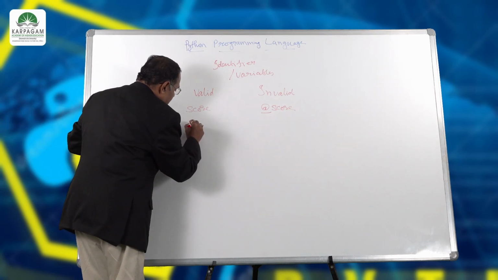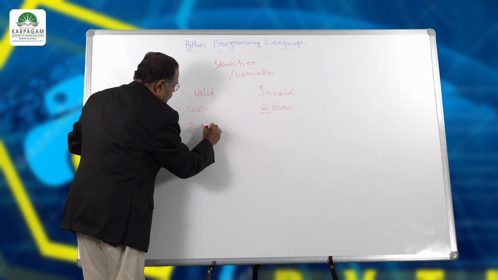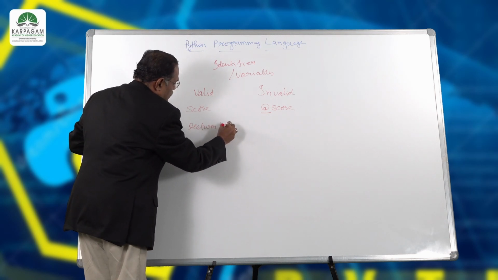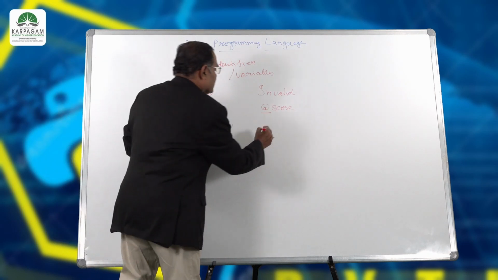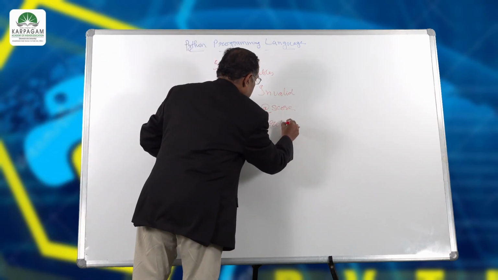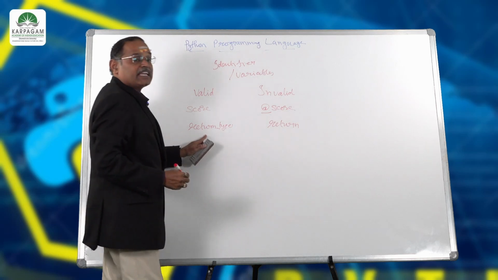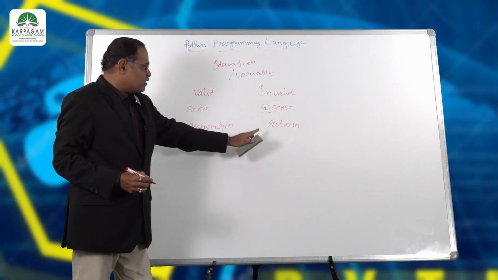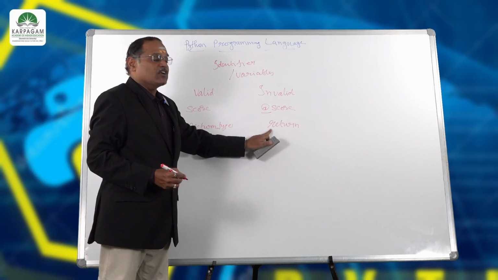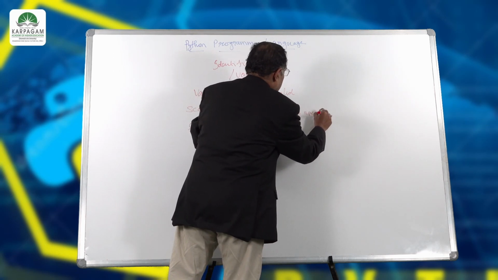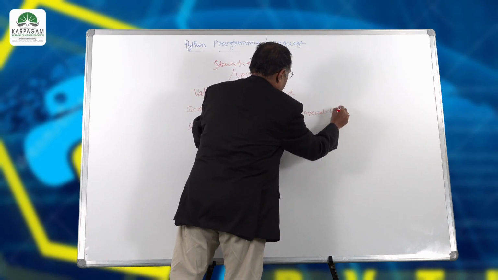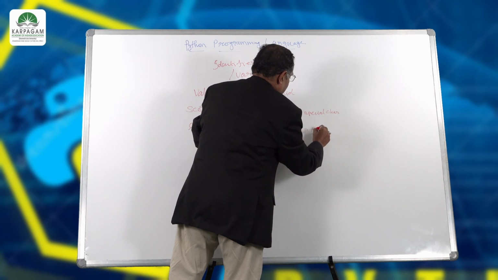Then I am saying return type by using underscore. Here if I am using return, then it is an invalid example because this is a keyword. Here we are having a special character. Here we are using a keyword.